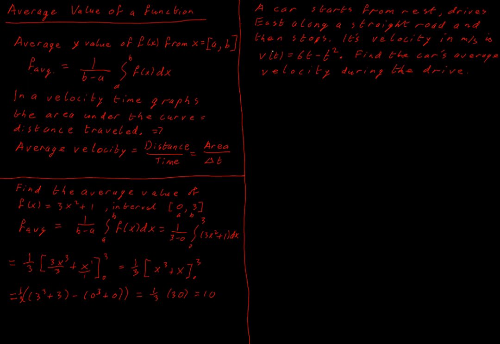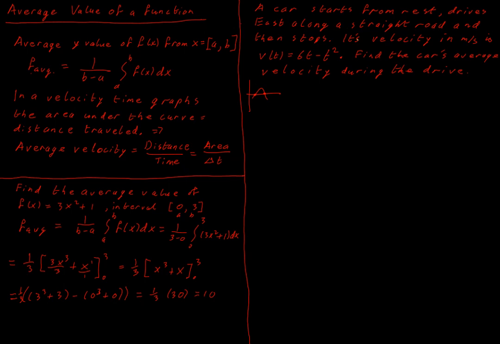So if we think about what this function is going to do, this is a negative quadratic, so it's going to be a frowny face type function. We know that it is going to start from rest. It's going to continue on in a particular direction, so its velocity is going to keep being positive, and then at a certain point it's going to stop again.